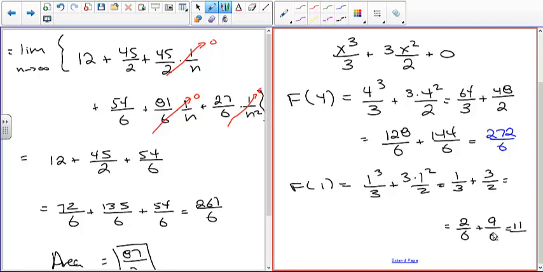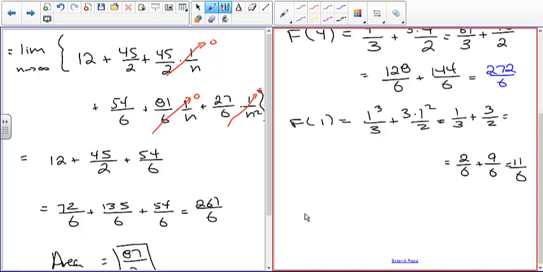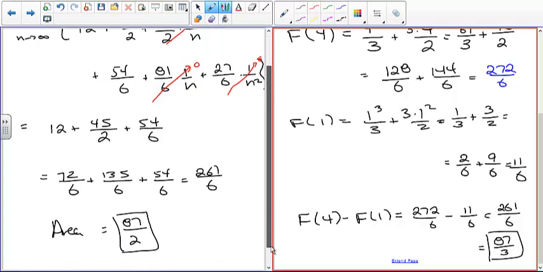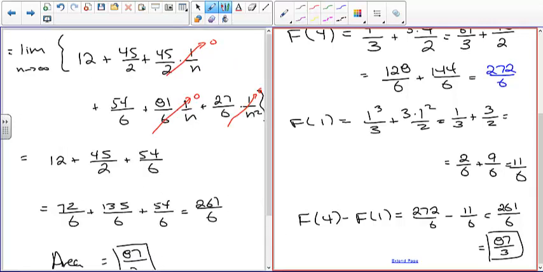That's 11/6. So if I take the antiderivative evaluated at 4 and I subtract the antiderivative at 1, I get 272/6 minus 11/6, which is equal to 261/6, which is equal to 87 thirds, which is the same answer I got using the limit definition. 87/2, sorry, which is the same answer.